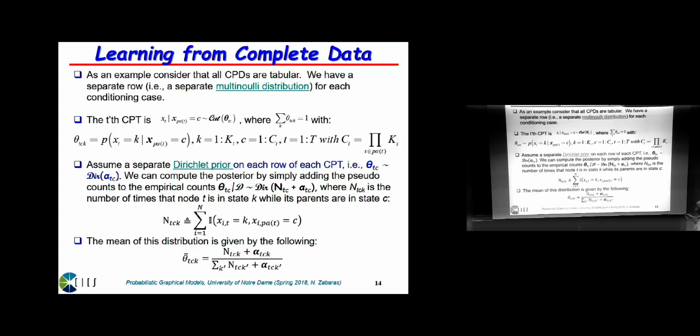Let me see what the multinoulli distribution is here. I am looking at node t, and I say the probability of t given its parents is a categorical or multinoulli distribution with parameters theta t,c. The subscripts t and c have a meaning here: t is the node that I'm looking at, and c is the value the parents take.